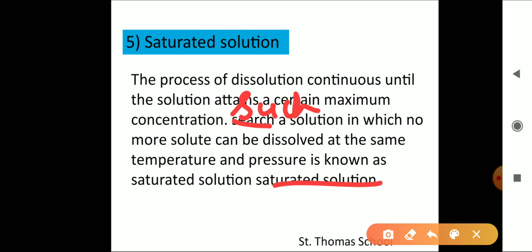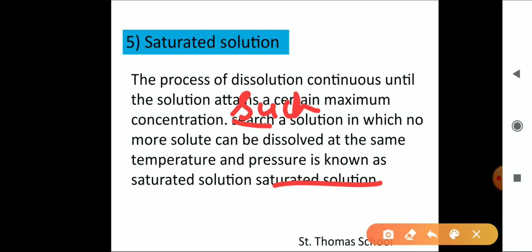It means that solution in which no more solute dissolves at room temperature. That means, for example, if I take a glass of water, in that sugar will not dissolve, right? मीन्स व्हाट हैपन्स कि वो शुगर आप ऐड कर रहे हो लेकिन वो डिज़ोल्व नहीं हो रहा है.